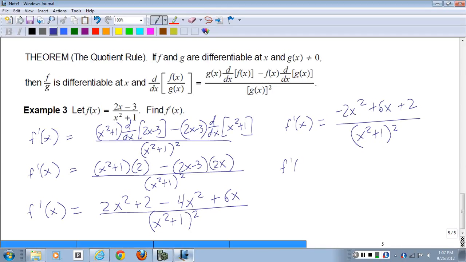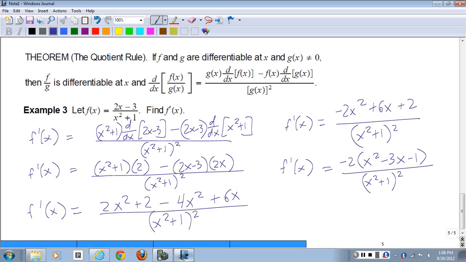Ordinarily I might not worry about factoring the numerator, but maybe factor out the negative 2. Inside we get x squared minus 3x minus 1. I believe that trinomial is prime. So it would look like this. So that's the answer. That is the final answer, yes.